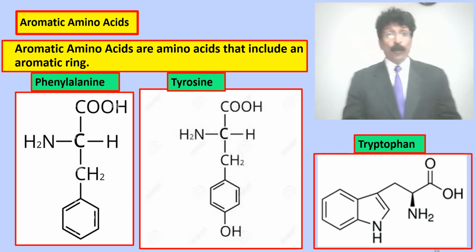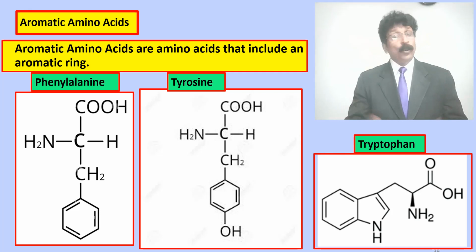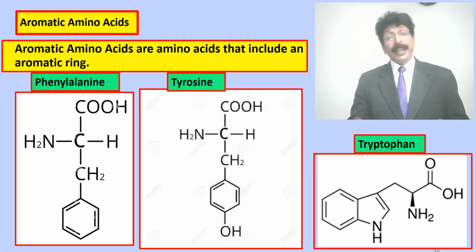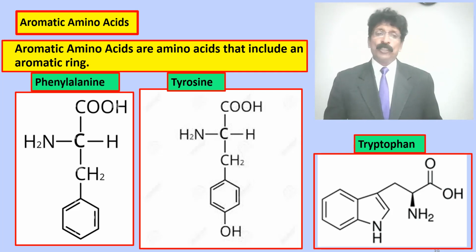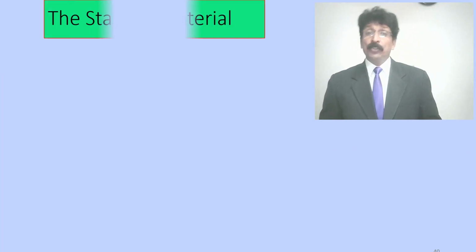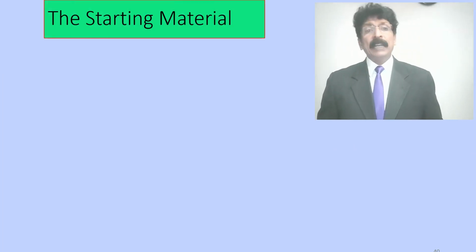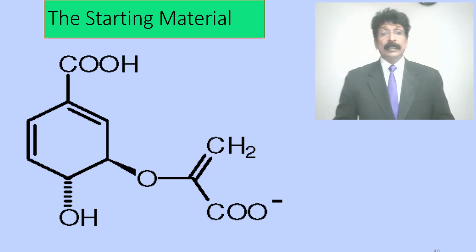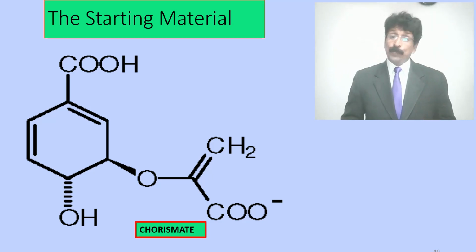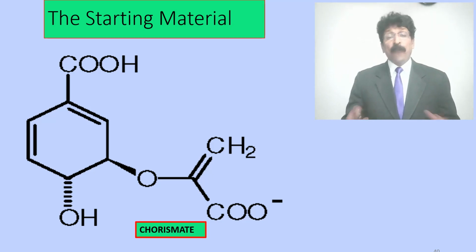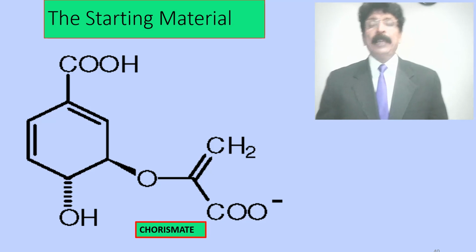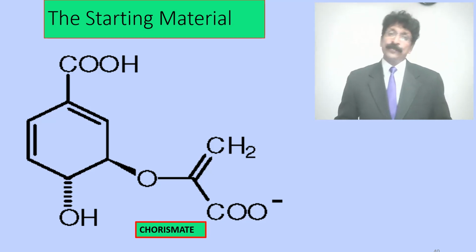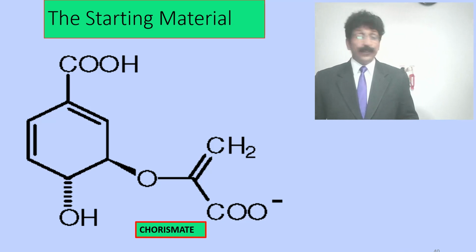From chorismic acid we will get all these structures, and we need the enzymes responsible for this biosynthetic pathway. The starting material usually is chorismic acid, the chorismate, which is formed from shikimic acid. We know shikimic acid has 3 OH groups, which we know very well.